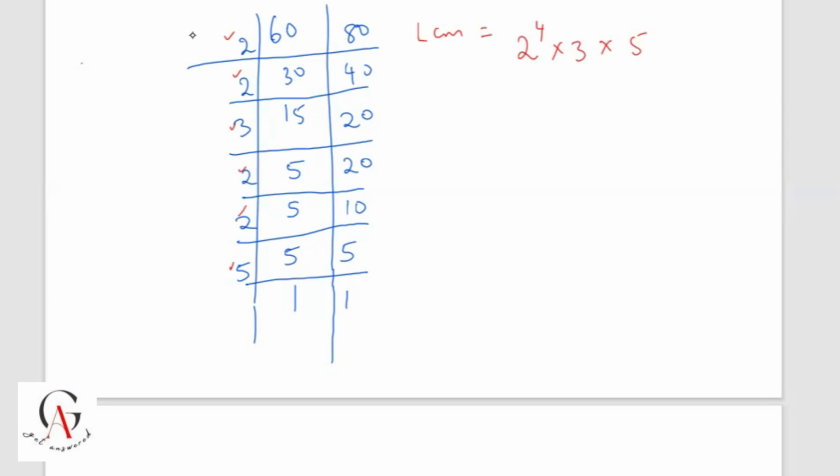Okay, so when I punch that into my calculator, 2 to the 4, we're saying times 3 times 5. That gives me a 240. That is my LCM. Okay, or you can just go on saying multiples of 60, 60, 120, 180, and so on and so forth, and then you still get the same answer.